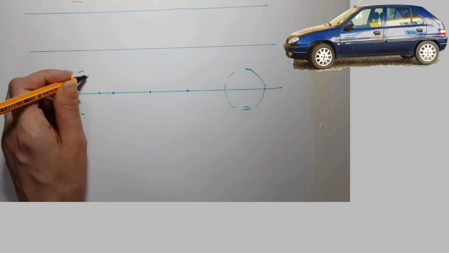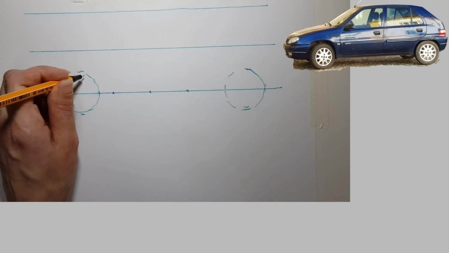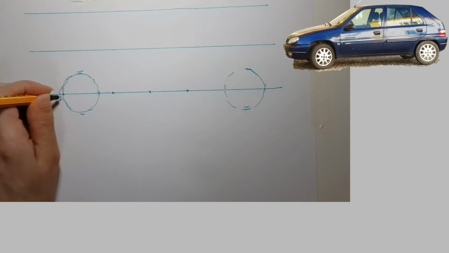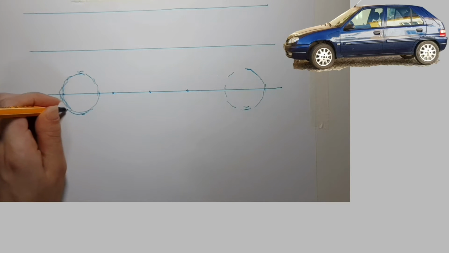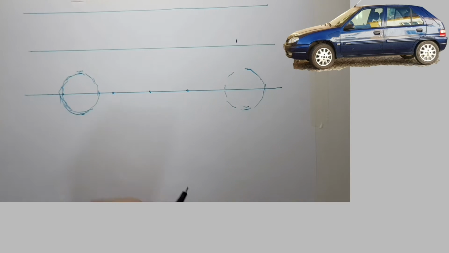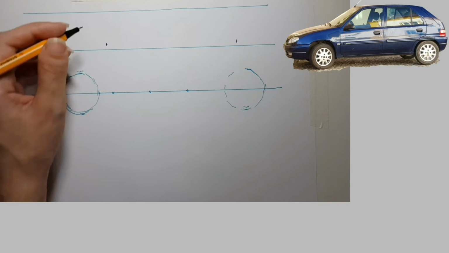We are going to use the 3 lines and the wheels to locate all the other lines. One window starts above the wheel and the other window starts beside the other wheel.